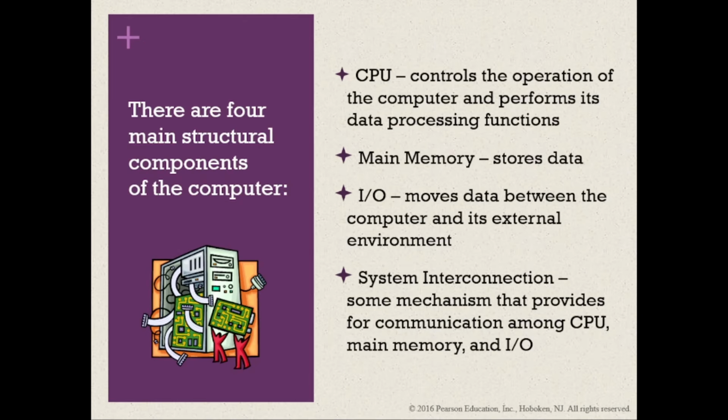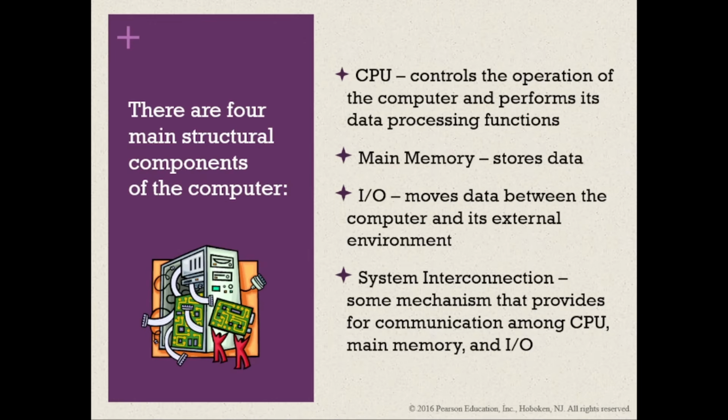Next is input-output, or I/O, which moves data between the computer and its external environment. And then we have system interconnection, some mechanism that provides for communication among the CPU, main memory, and I/O. A common example of a system interconnection is a system bus, consisting of a number of conducting wires to which all the other components are attached.